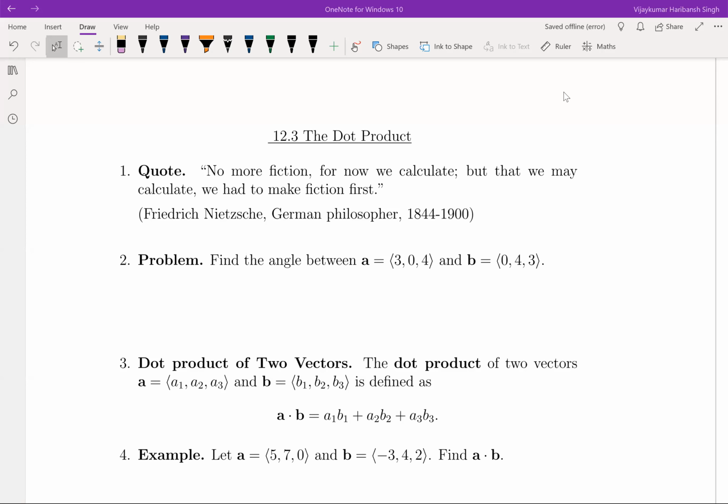Welcome students. We want to discuss the dot product of two vectors. Until now we have learned how to multiply a scalar with a vector.